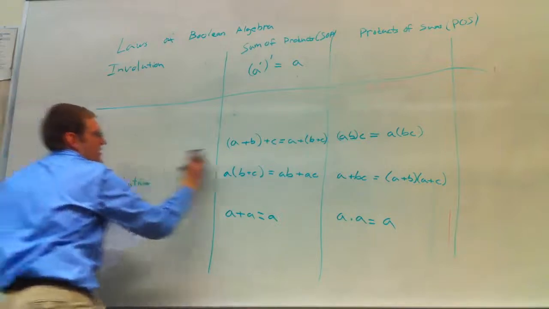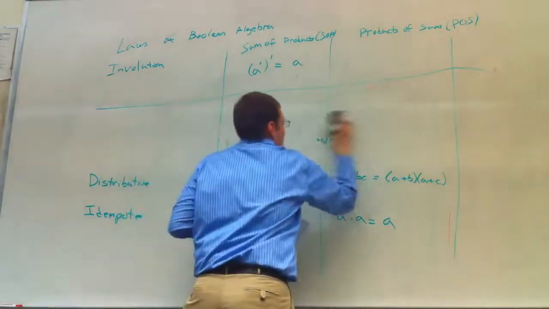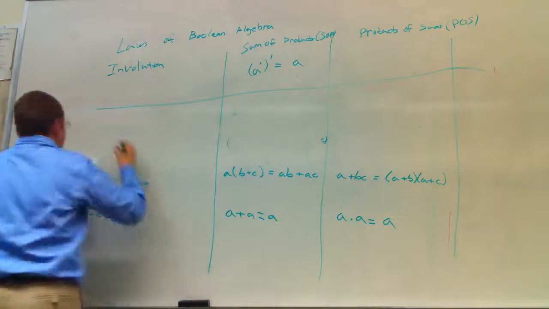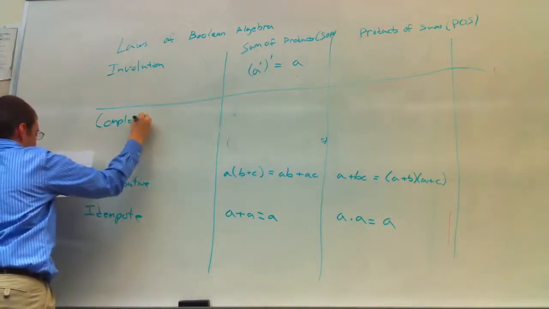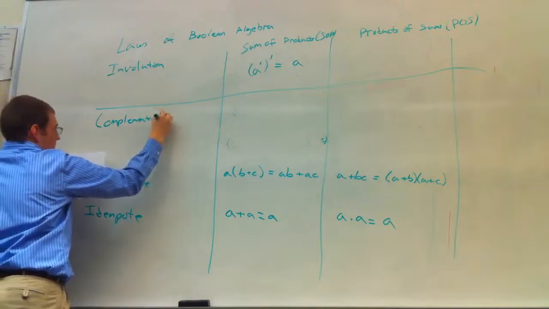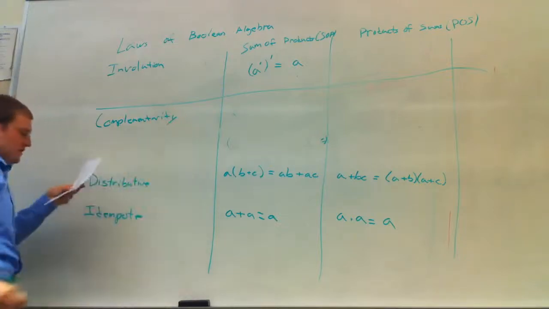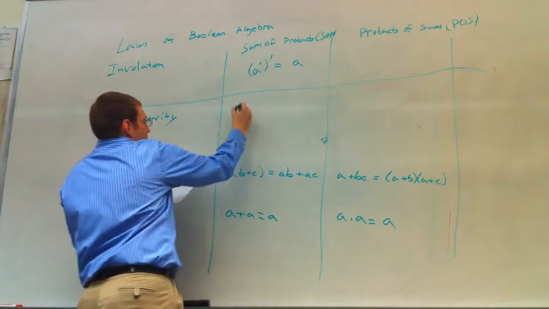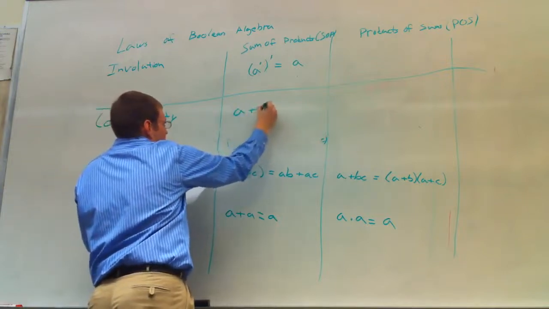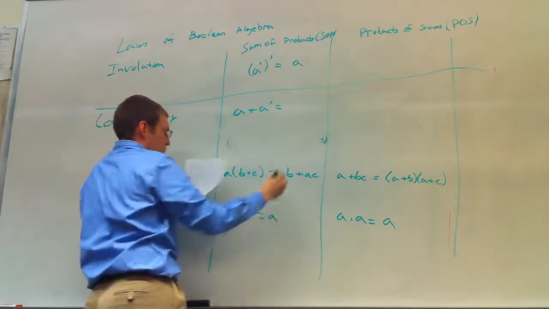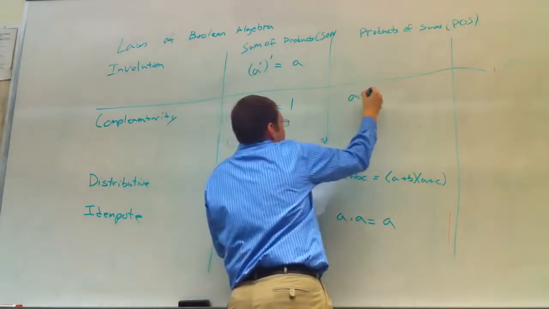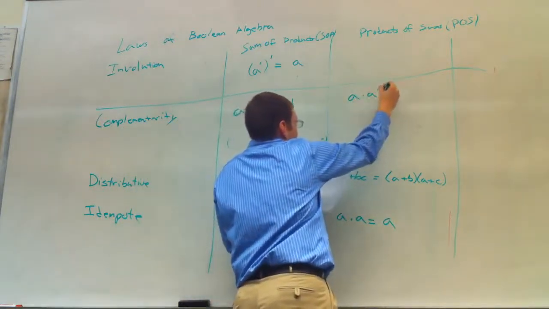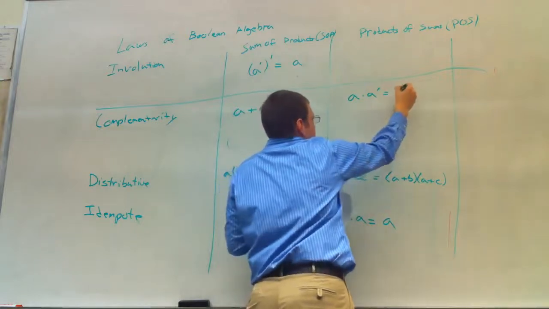And second to the last is the complementary law. So I have A or A not equals 1, and A and A not equals 0.